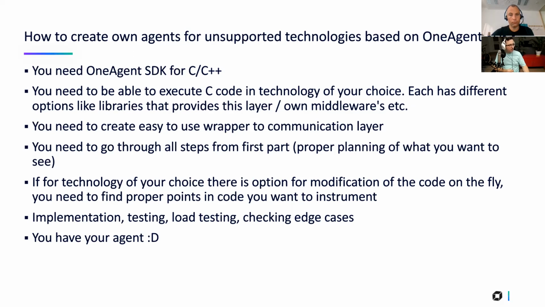So you need to create this wrapper as a communication layer, because putting calls that are translated directly from the C code into another technology is not really easy to read or understand, and there are some issues that need to be addressed related, for example, to translation from a string in one technology to the char implementation in C. You need to cover things like that as well.